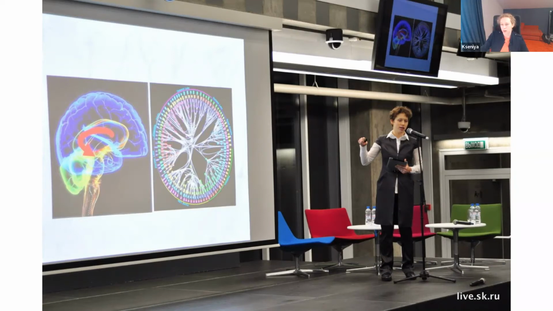So such big brain simulation projects were started as the Blue Brain in Europe, the Human Brain Project, the BRAIN Initiative in the US, and so on. And the Human Connectome Project was launched in 2009. I have a picture on the right here from the Human Connectome Project.